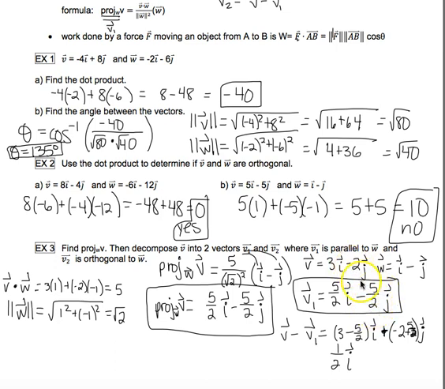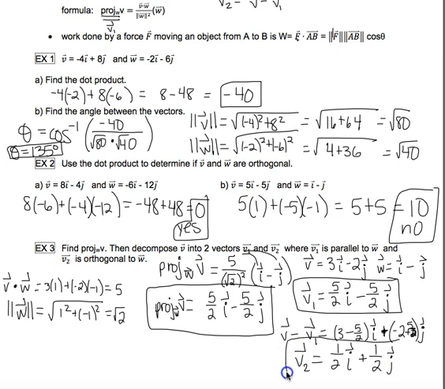So it's negative 2 minus negative 5 halves. So negative 2 plus 5 halves here. So sorry about that. So negative 2 plus 2.5 essentially, which gives us also 1/2. So I have 1/2 vector i plus 1/2 vector j. That is going to give me my v sub 2.